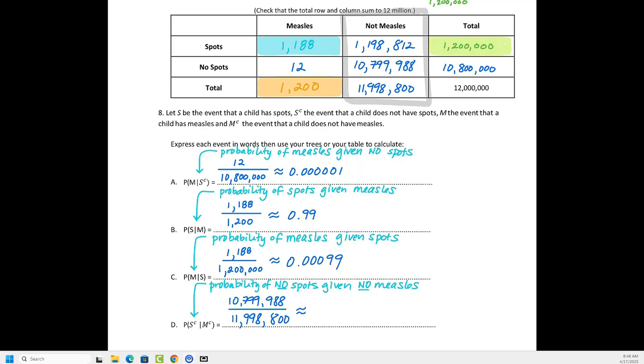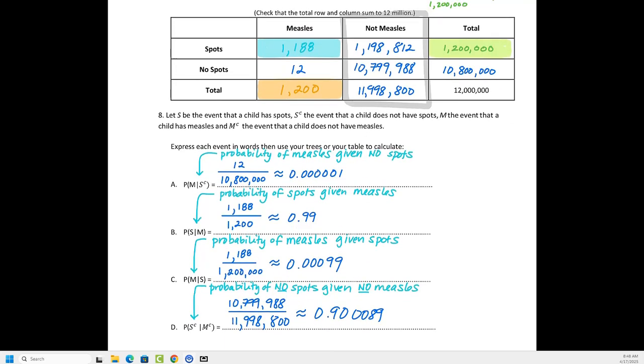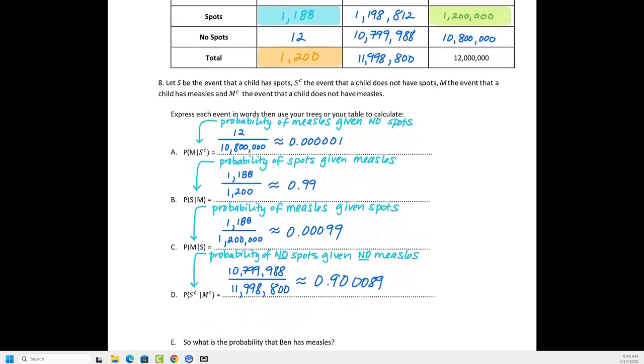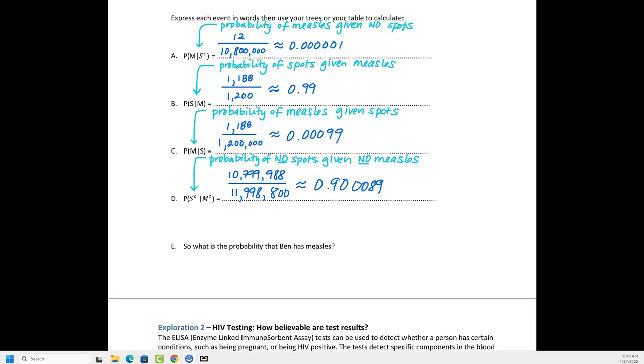And when you put that on your calculator, I'm just going to tell you it's 0.900089. So there's a 90% probability that a person who does not have measles will not have spots. Get rid of that highlighting. Okay. Are we okay with that?